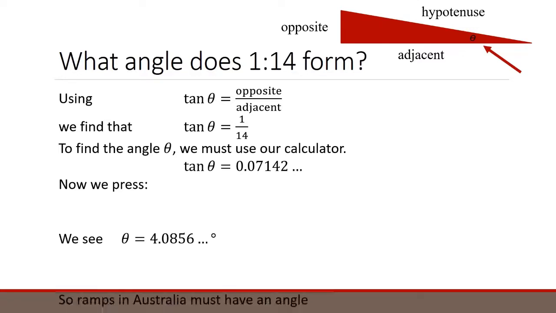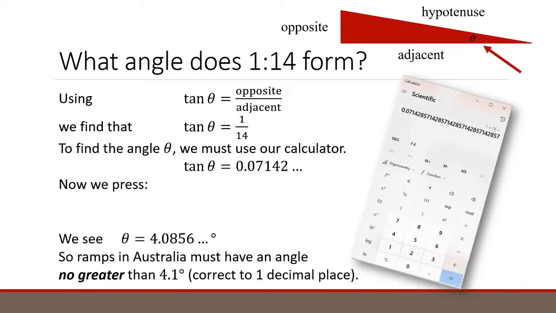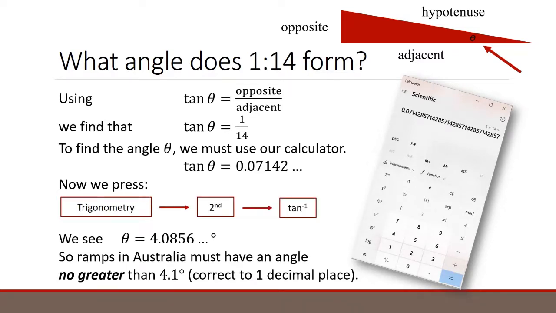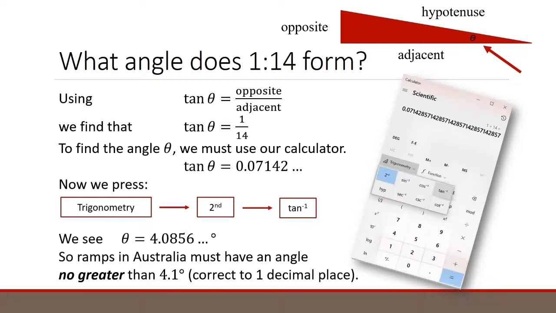0.07142, and so on. And now we press the button Trigonometry, second, and this funny button that says tan to the -1. What it means is the inverse function of tan. In other words, we're doing the opposite process so that we find the angle given the ratio.